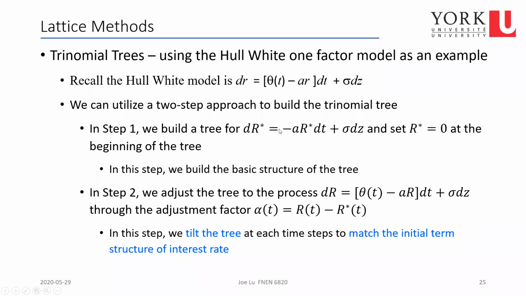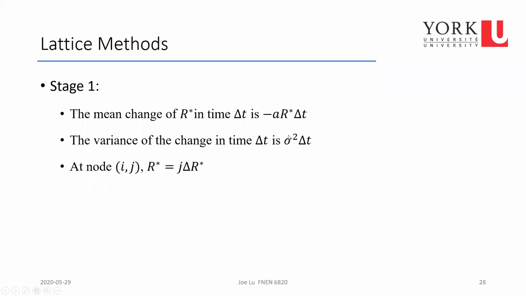So this is the drift, that's why it's the mean. Then the variance of change obviously is whatever the variance here is, this volatility sigma squared times delta T, okay?